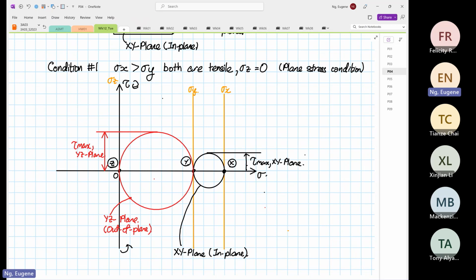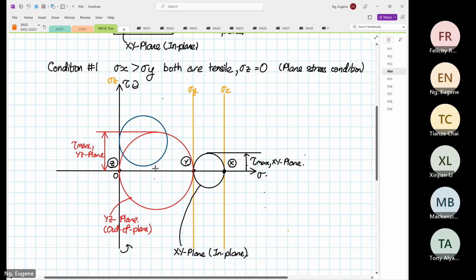Now there's another circle that we can draw, which is your XZ. Okay. So your XZ is here now. And I'm going to change to blue. And you realize that it has the biggest circle.